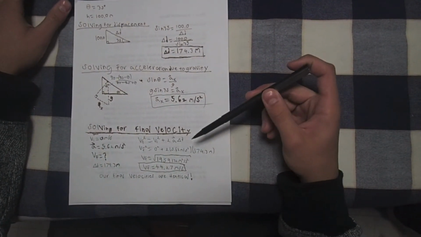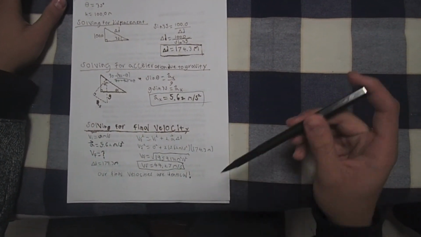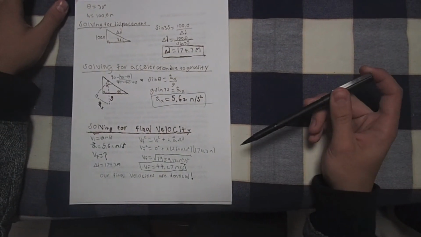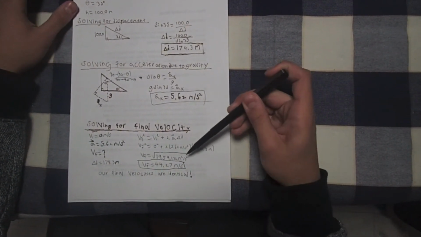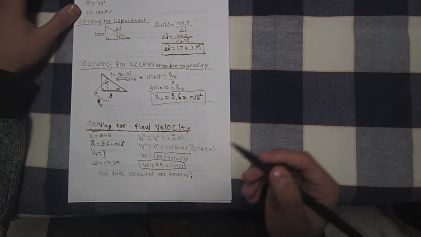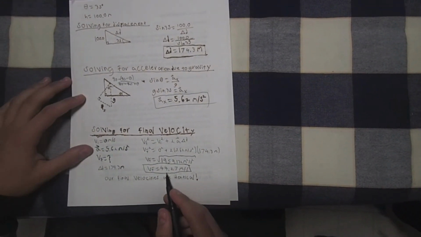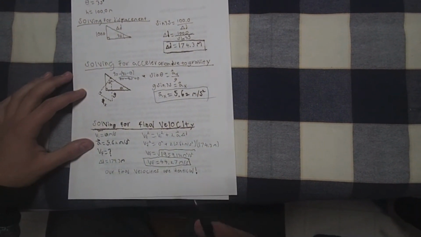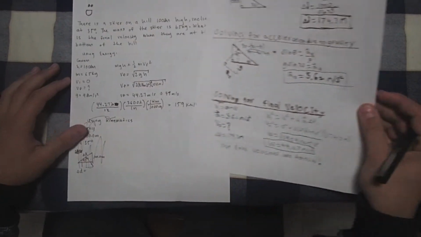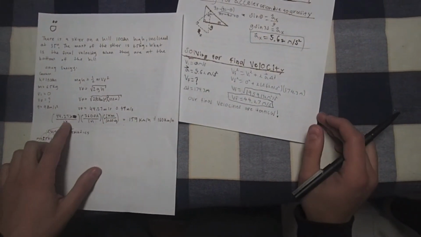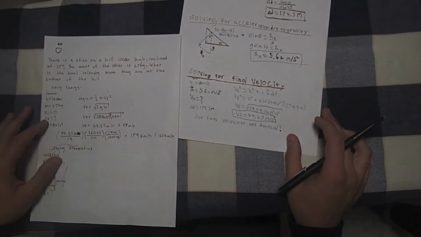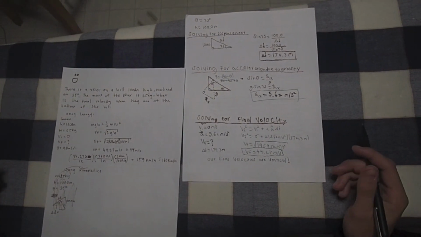Now we square root all of those, and we get the square root of 1959.132 meters squared per second squared. The units are square rooted, so you get meters per second. This is how we know we've solved correctly. We get 44.27 meters per second, which was exactly the same as our last answer. So again, factor label method, just the same thing, 160 kilometers per hour. And that's how you solve it.